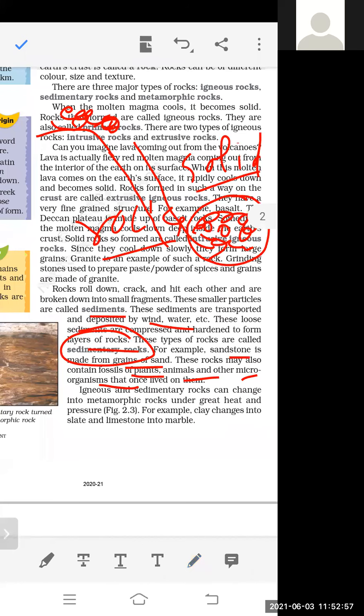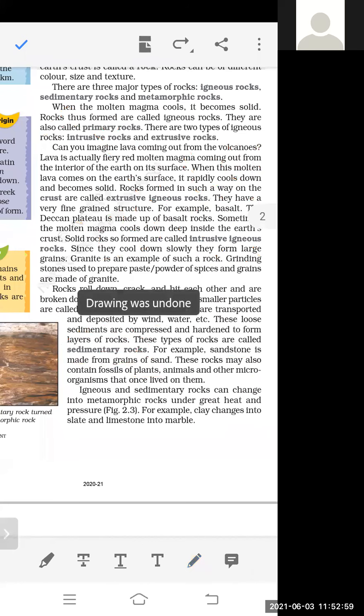We learned the two types of rock, igneous and sedimentary. Now what happens? Because these two types of rocks always come into contact with the sun's heat, and there is pressure on them because of the upper layers, right? So they are always under the influence of heat and pressure.